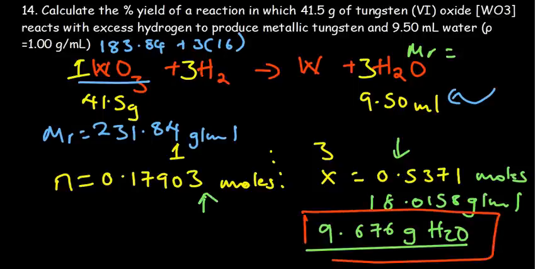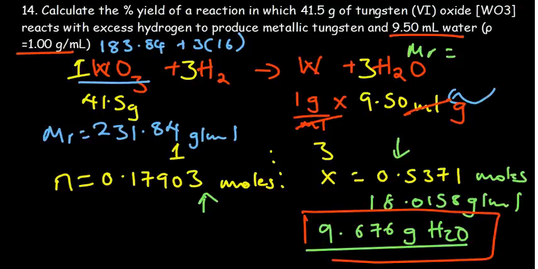Now in the actual question, we are given the volume and then we are given the density of the reagent. So the density will allow us to find the mass. If I just say 1 gram per milliliter, the milliliters will just go away. So the 9.50 becomes grams as the actual yield.